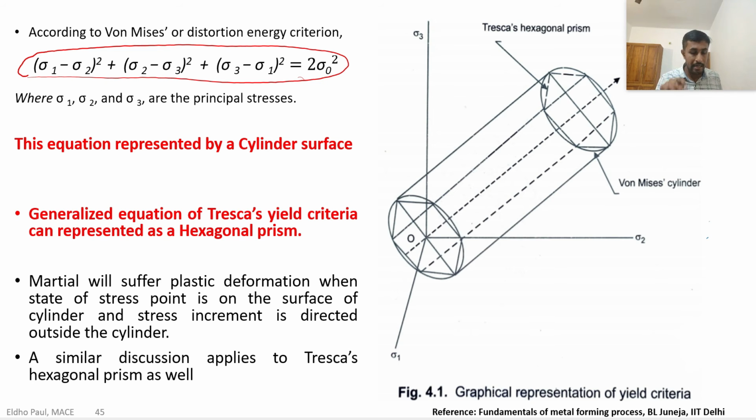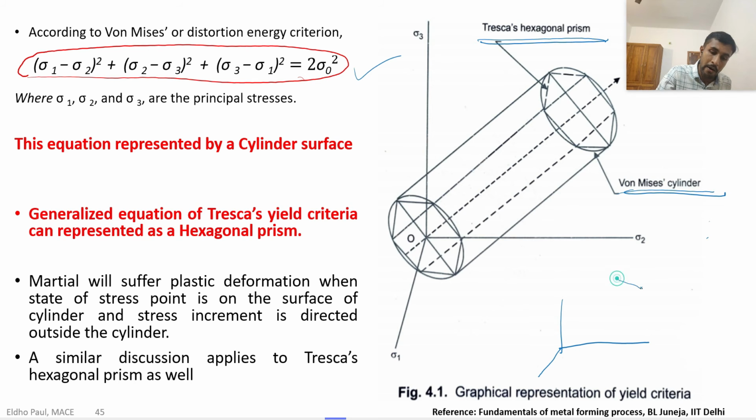Here I am not discussing this generalized equation, but there is one, similar to the Von Mises criteria, and it represents a hexagonal prism. So the Von Mises criteria represents a cylinder, but the Tresca criteria represents a hexagonal prism. We can draw a hexagonal prism based on the Tresca criteria.